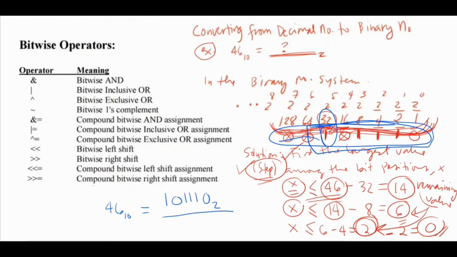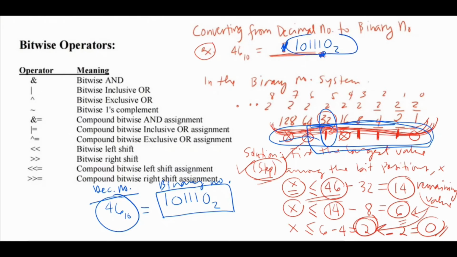So decimal number 46 is equal to this binary number, 101110. So our answer here on top is 101110 base 2. That's the binary number equivalent to this decimal number 46. This is base 10, while this one is base 2.